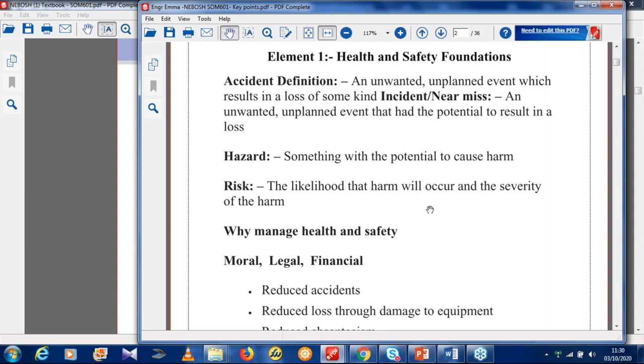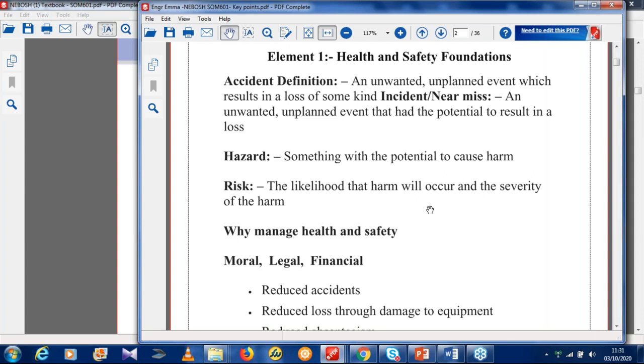Any condition that can cause harm, damage, or injury to people, environment, assets, and reputation. Those four areas are usually considered as needing protection when we talk about safety: the personnel, the environment, the asset, and the reputation. Those four are very key.